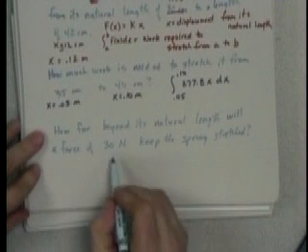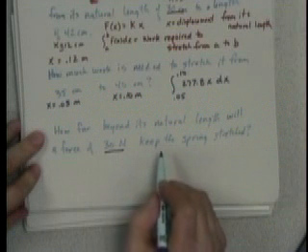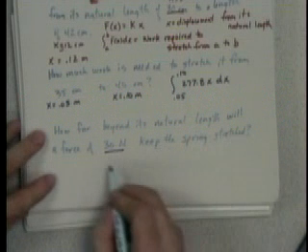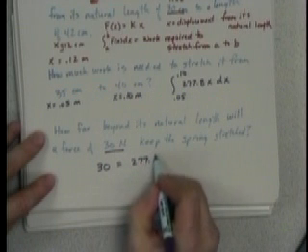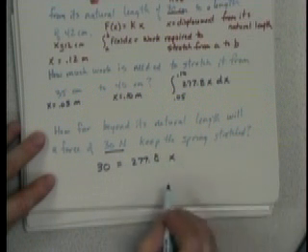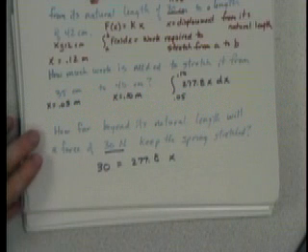The last one here, 30 newtons again is my force, so this is going to be 30 equals 277.8 times x, and then solve it for x.